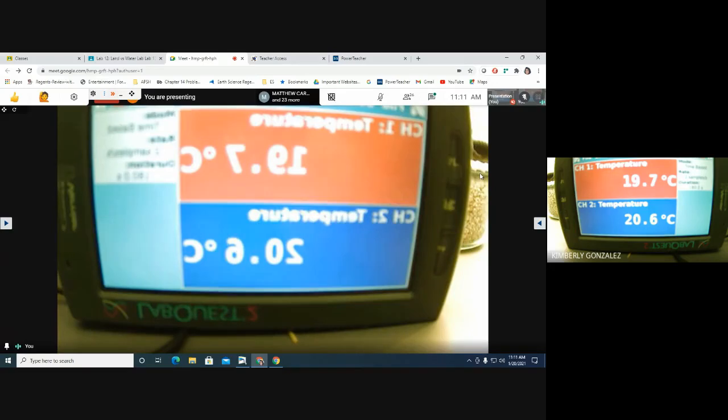Remember, you're in charge to figure out every 2 minutes to take the temperature. Look, we have some movement in the sand. Not a lot, but.